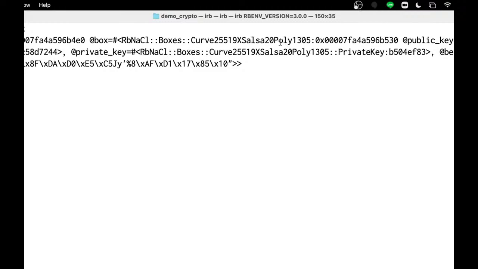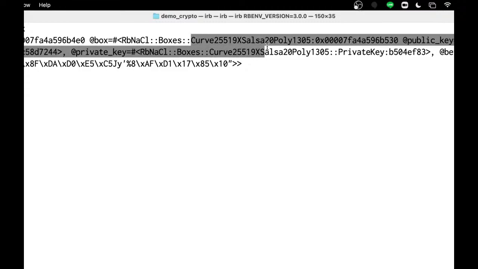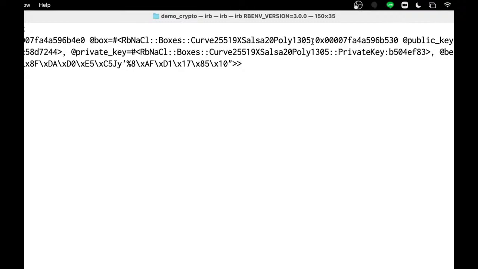And then Poly1305, if I remember correctly, was used to create the MAC block, the message authentication code, the hash. All right. So box is basically using three ciphers: asymmetric key, symmetric key, and a cryptographic hash.